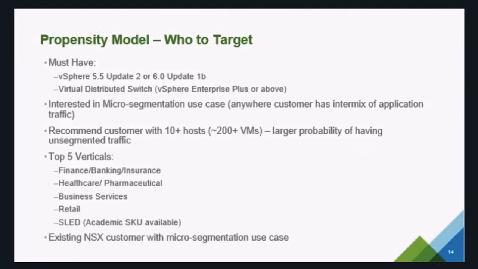Customers who are interested in security, right, protecting their east-west traffic, protecting their applications, their data center, their network. As far as recommended customers, we're looking for a little bit bigger here, with 10 plus hosts and 200 plus VMs that probably have a little bit more unsegmented traffic.